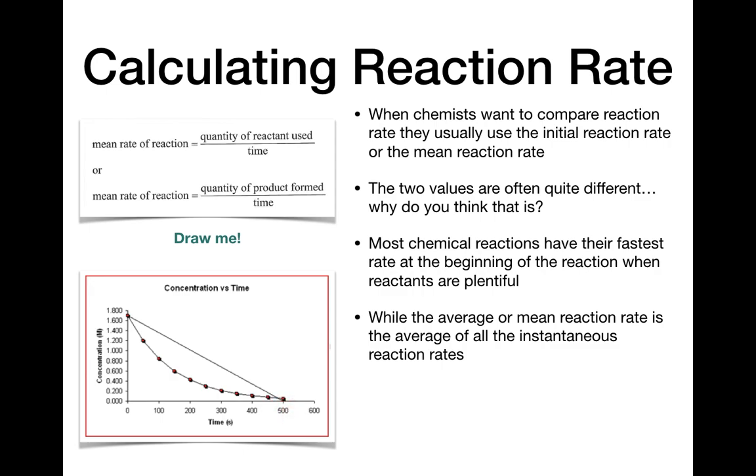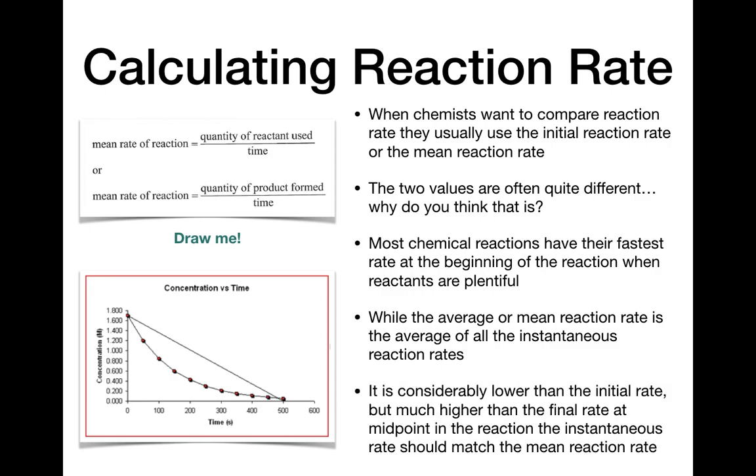These are quite different, right? In this case, I just plotted the first point and last point. But the mean would be the average of all these points put together. So what that means is the mean reaction rate is a lot lower than the initial rate, but it's much higher than the final rate. Right, so the exact midpoint of the reaction is the point where the mean should equal the reaction rate.